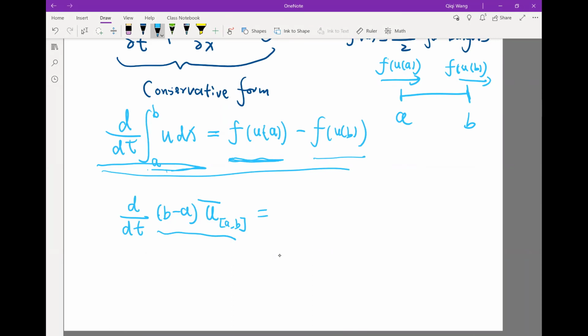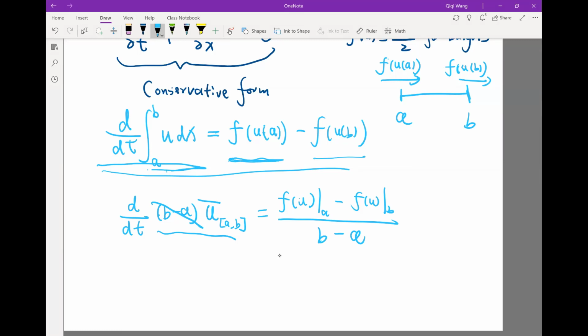That is going to be equal to f of u at a minus f of u at b. When I say a vertical line with a subscript, that's saying the value of this function at a certain point, okay? Or I can just get rid of the b minus a here and divide both sides by b minus a, or the size of this finite volume in this case.